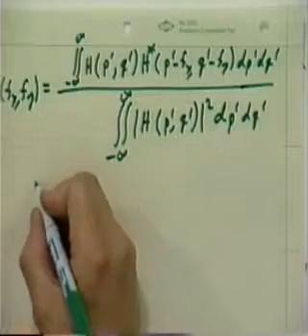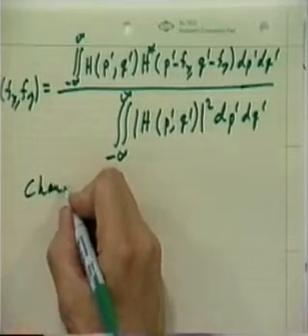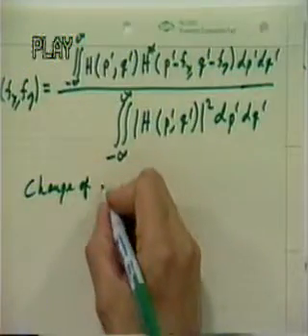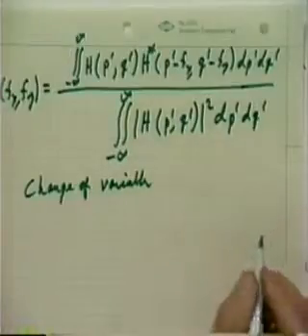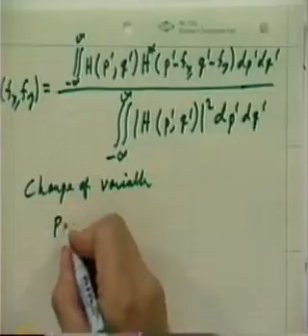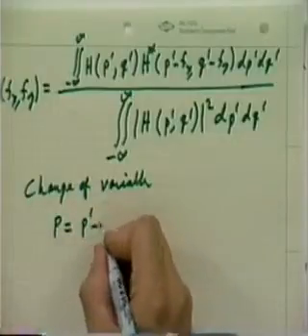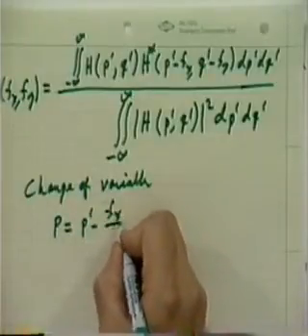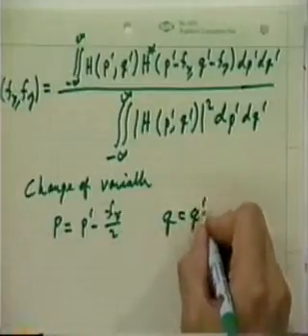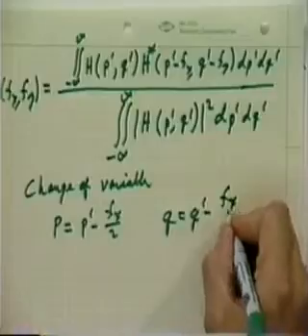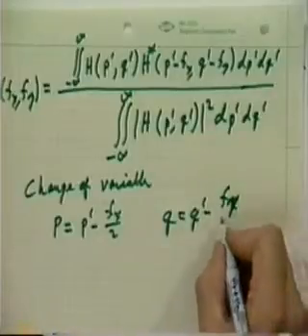So we're going to make a little change of variables to get it into a more common form. We'll say that p is p prime minus f sub x over 2, and q is q prime minus f sub y over 2.